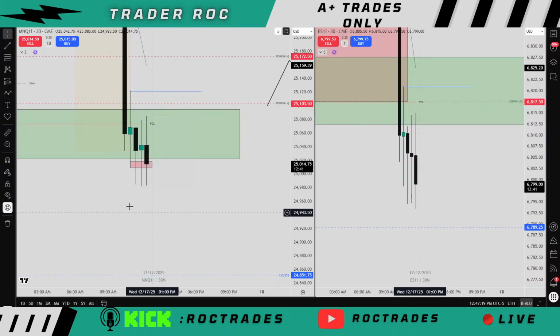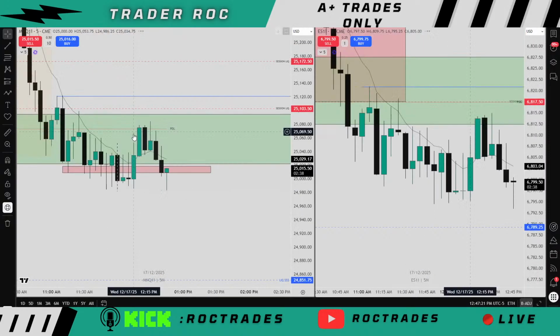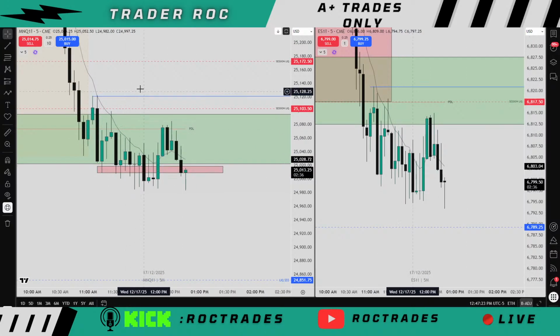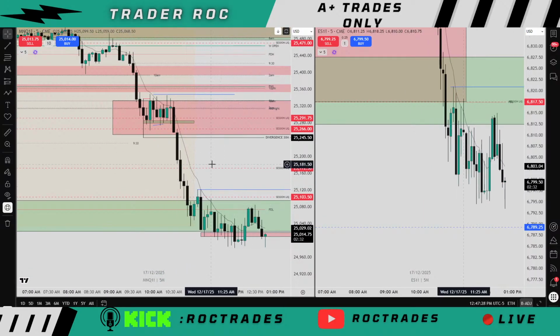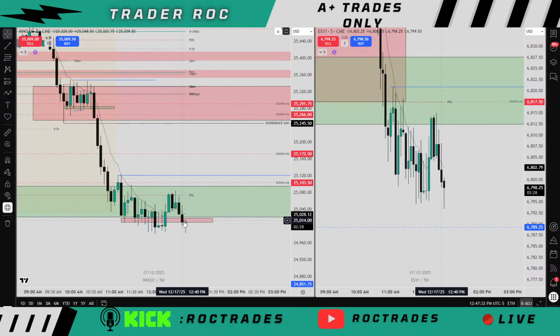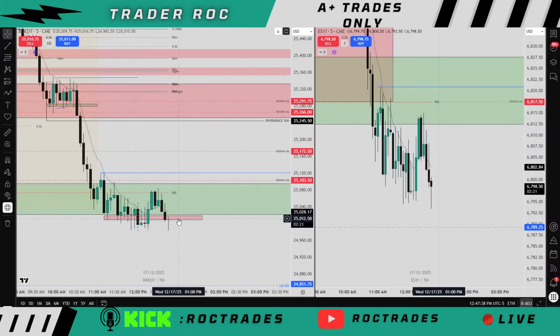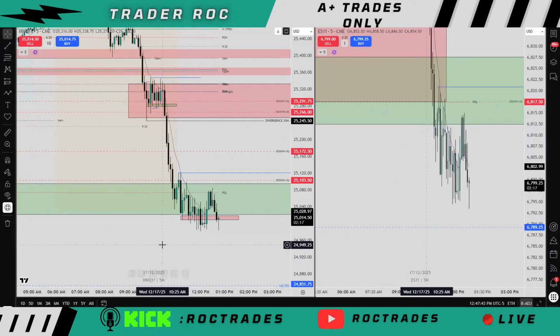This AM session has a tendency lately to do this. Look at it. You get these massive moves where you really don't get a chance to get in, and then it accumulates for the entire rest of the session, and then at 2 o'clock, watch 2 o'clock, you're gonna see the buys, specifically the buys, because this does not look bearish anymore.